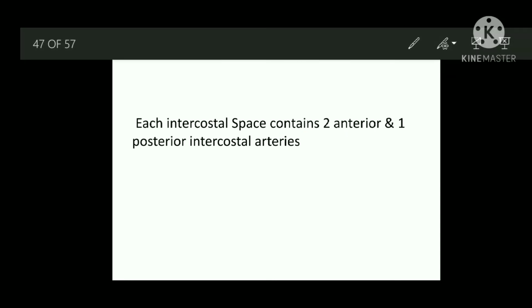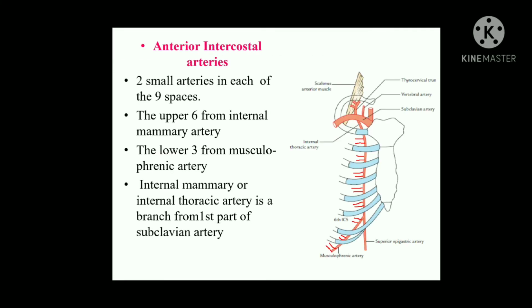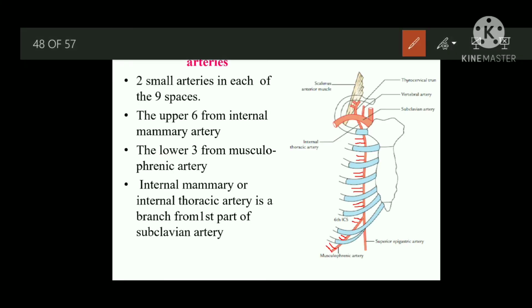Now come to the intercostal arteries. There are two anterior and one posterior intercostal arteries present in each space. The anterior intercostal arteries are two in each space. Anteriorly there are 9 intercostal spaces.